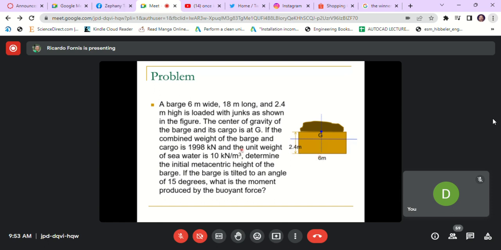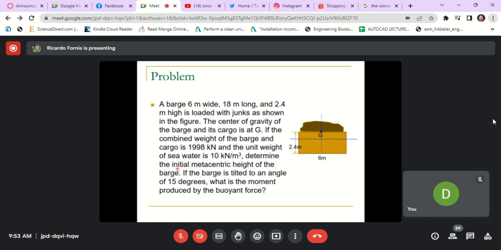The combined weight of the barge and cargo is 1998 kilonewtons, and the unit weight of seawater is 10 kilonewtons per cubic meter. Now determine the initial metacentric height of the barge.